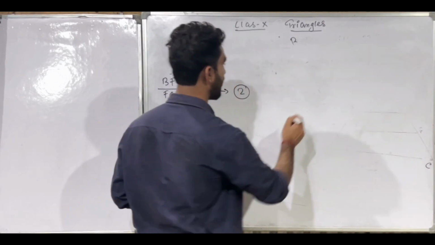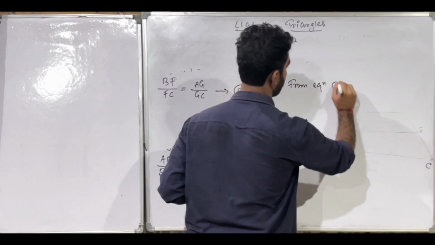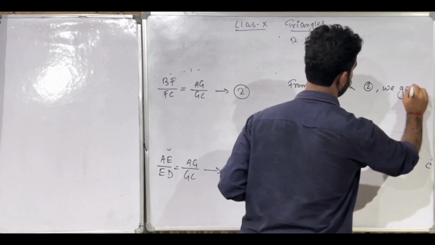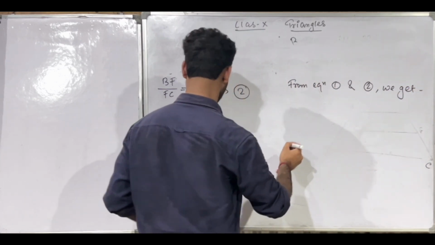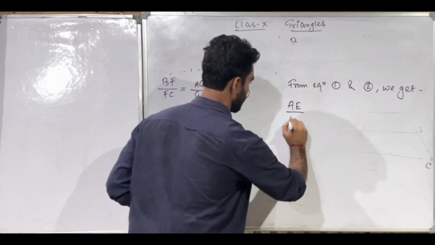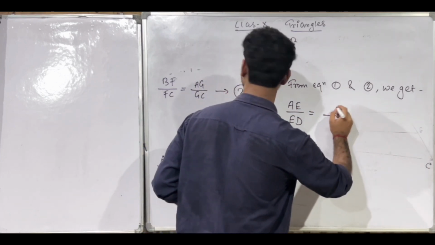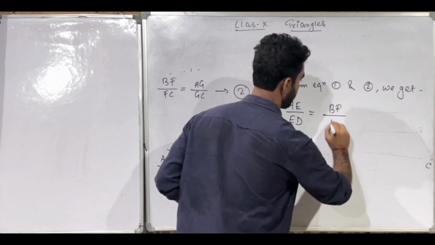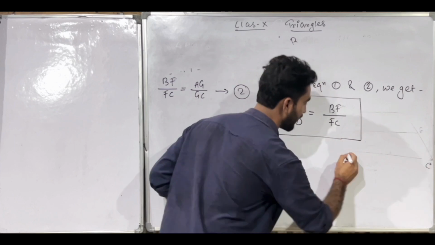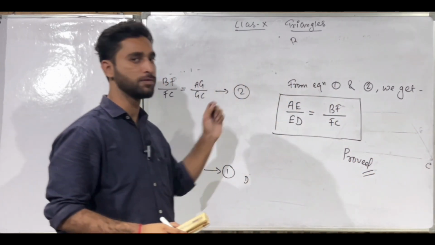So we can write from equation 1 and 2, we get AE divided by ED is equal to BF divided by FC. This is what we had to prove. So in this way we can prove this question.